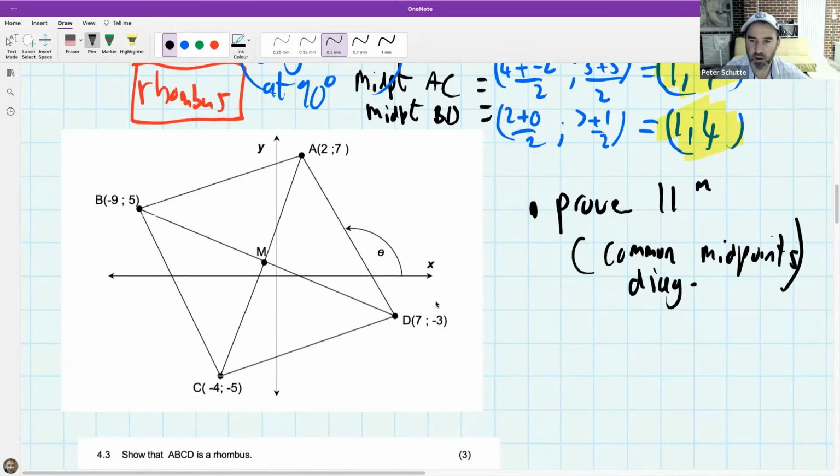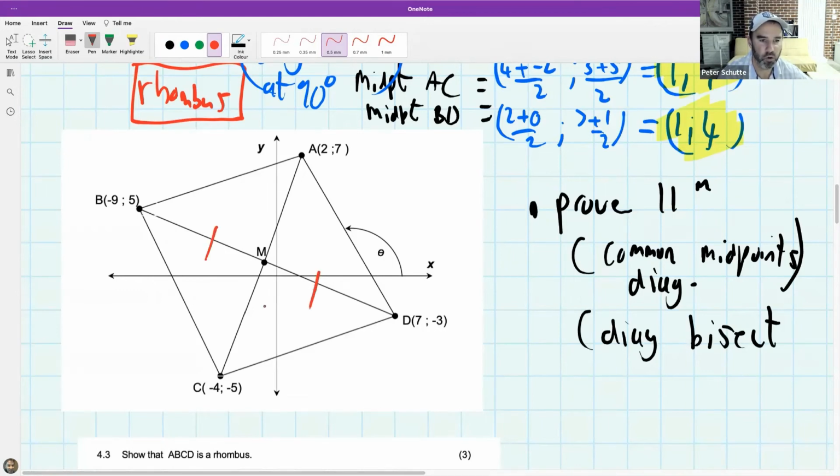When I say common midpoints, what I'm saying is that the diagonals cut each other in half, or the fancy word is the diagonals bisect. So in this scenario, we want to show the diagonals are not necessarily equal in length, but we first show that there's a common midpoint for both diagonals.